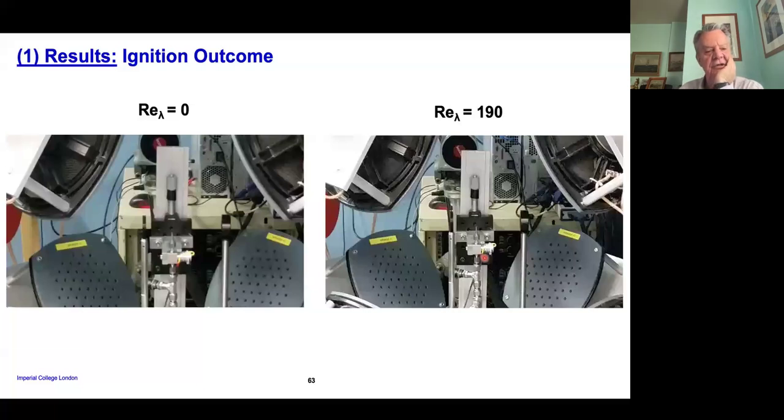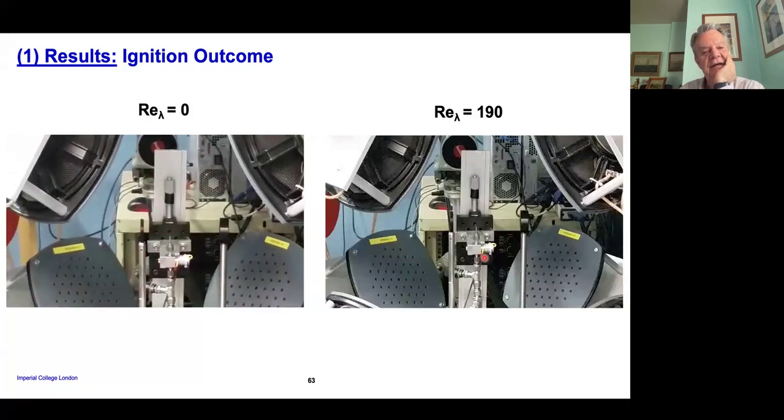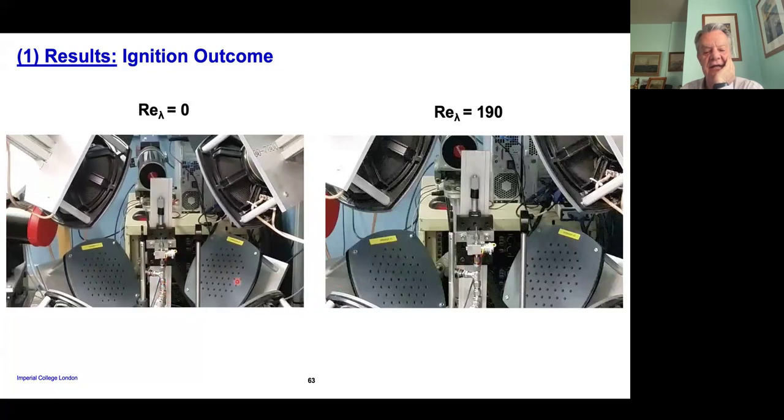So I'll play the videos. So this is like a lighter, but the lighter is a laser pulse. And you see that you keep igniting it repeatedly as a lighter will do, and there is no turbulence.